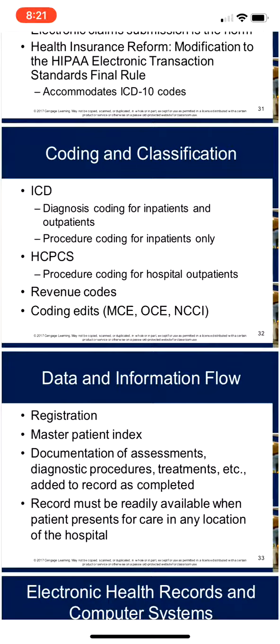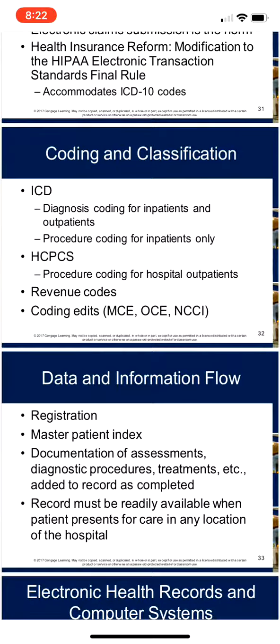Alright, we got different kinds of coding edits to talk about as well. Our MACs, our Medicare Administrative Contractors, process hospital inpatient bills using the Medicare Code Editor, the MCE, and the hospital outpatient claims using the Outpatient Code Editor, the OCE. These code editors identify coding errors on hospital bills that can cause the claim to be rejected.